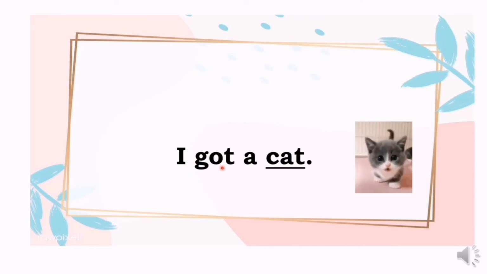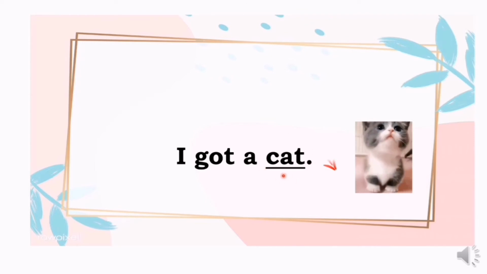Now, the first sentence is, I got a cat. Again, can you read it? The focus word is the underlined word, which is the cat. Very good.